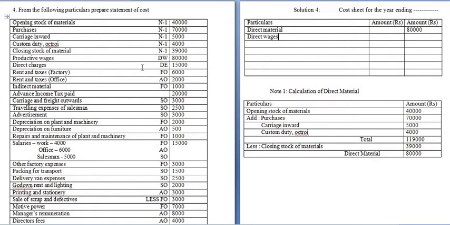Now where they have given productive wages, this can be written in bracket 80,000.